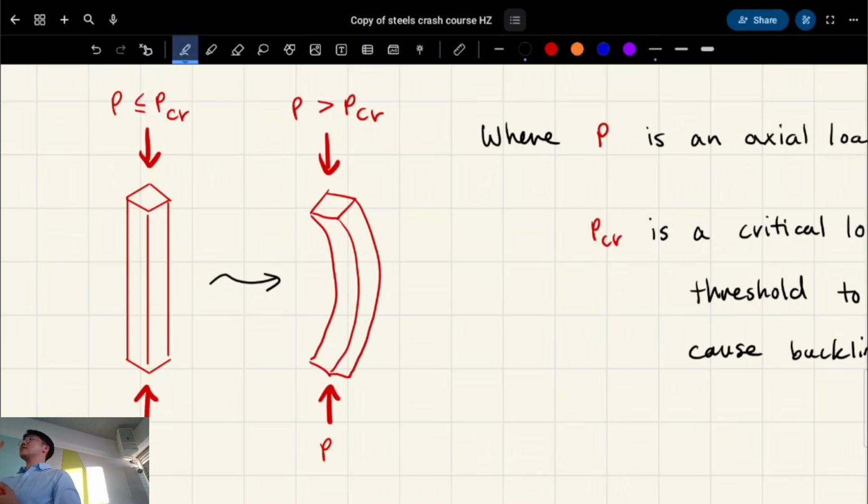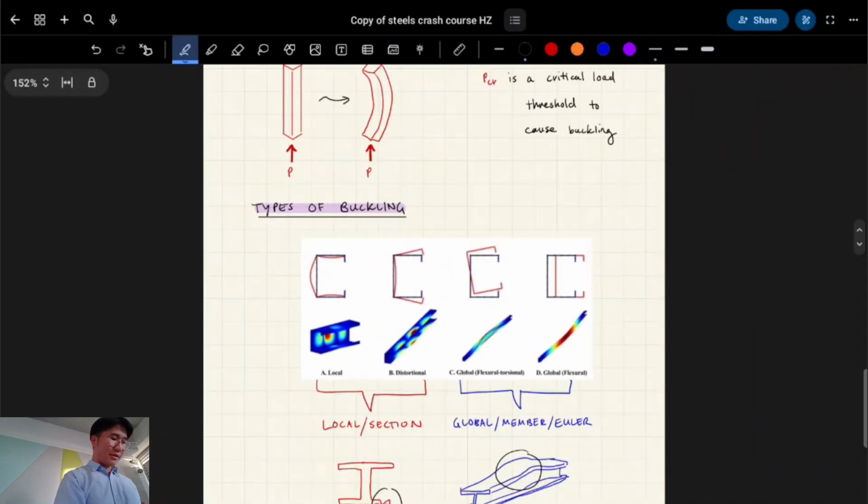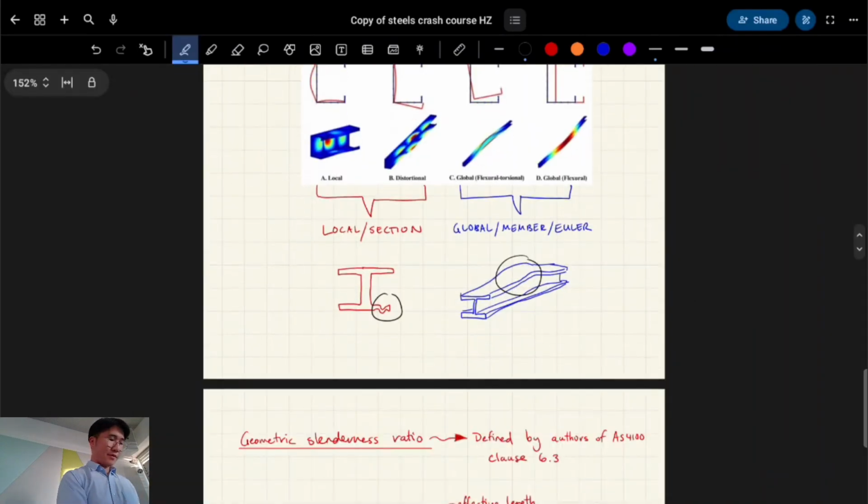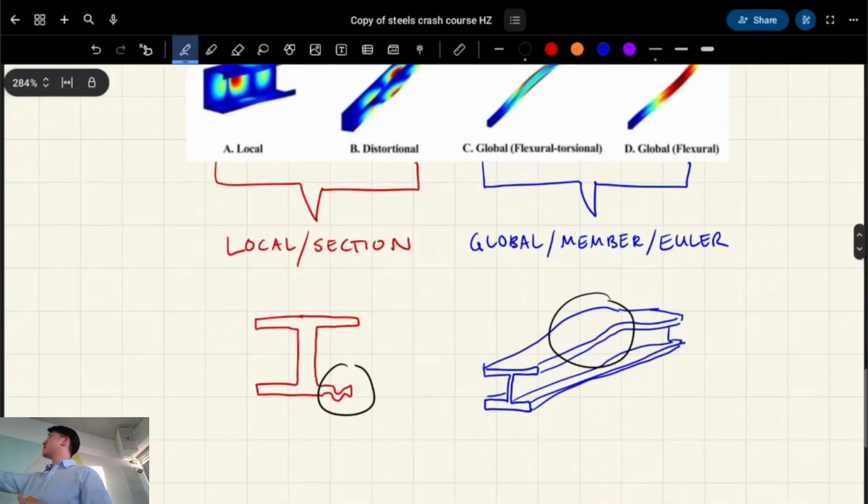You only really consider the Euler buckling or the global buckling, right, along its whole length. But for steel, because steel members are generally pretty thin, they're pretty slender, like the one you can see there, what happens is they can sometimes buckle within the section.